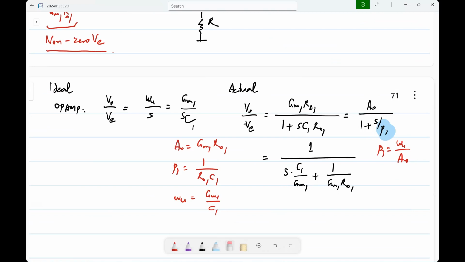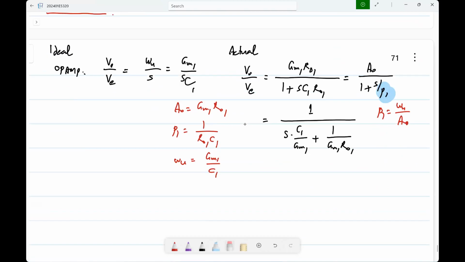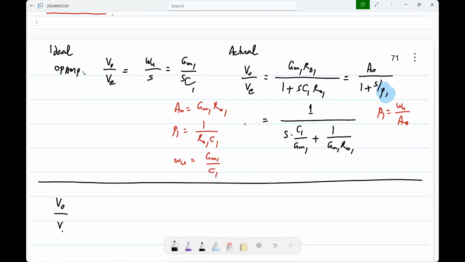Now, what is the closed loop transfer function of the amplifier?